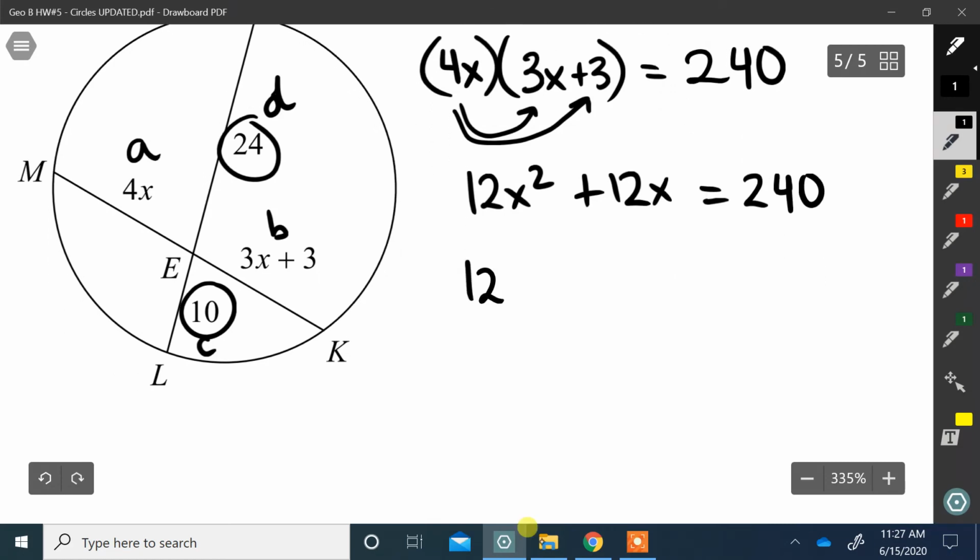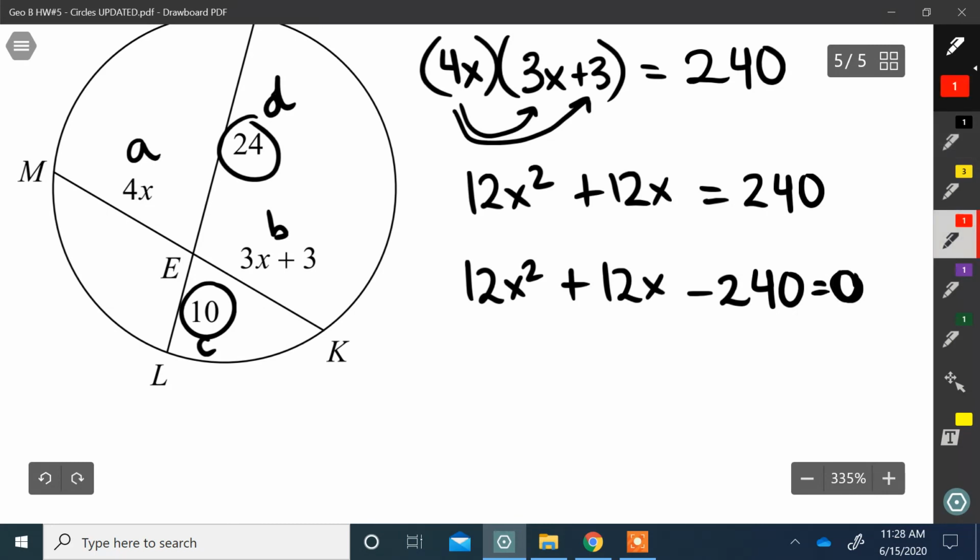So I have 12x squared plus 12x minus 240 is equal to 0. On this one, something that you can realize very easily is that 240 is actually divisible by 12, because 240 divided by 12 is 20.